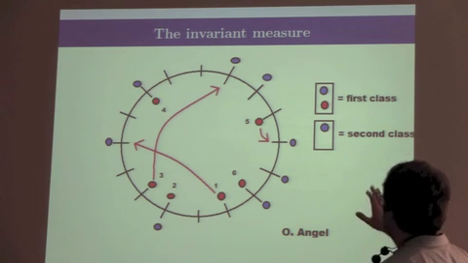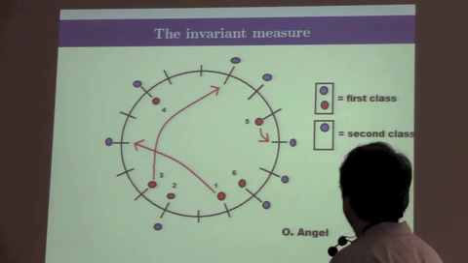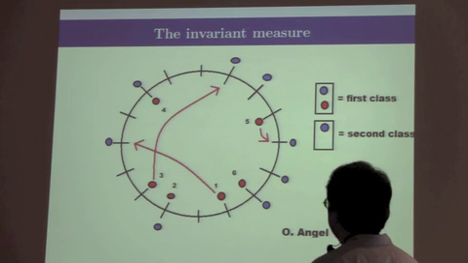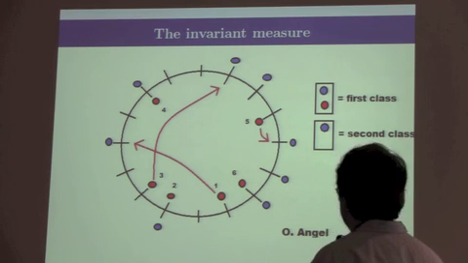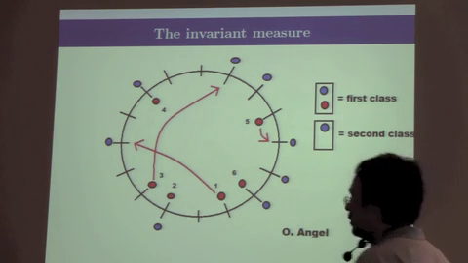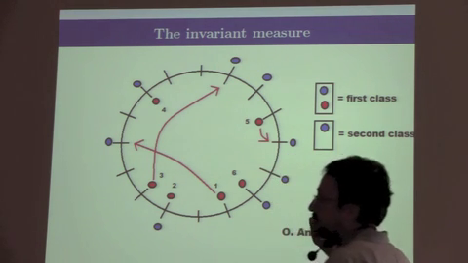So now we have red particles that are essentially the first class particles. Not immediately, but they will be first class particles. And there are blue particles. Blue particles you have to think of as total particles. So in particular, the number of blue particles is bigger than the number of red.